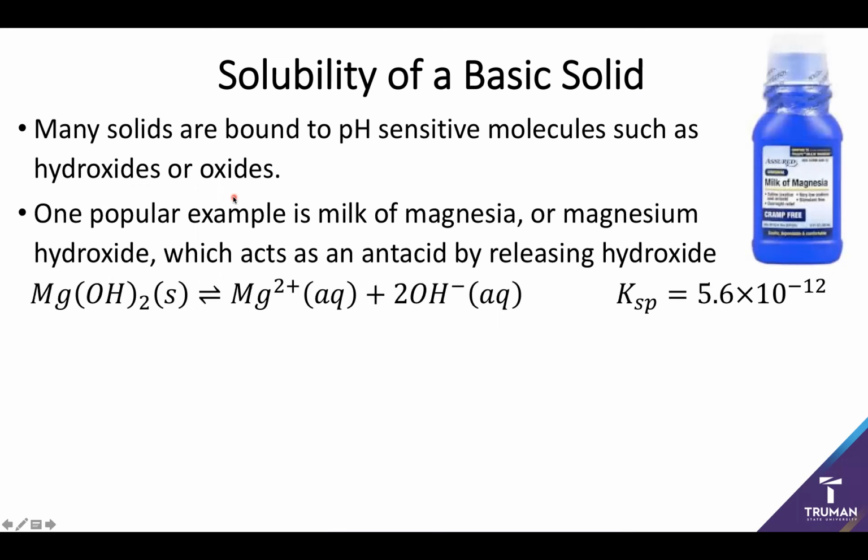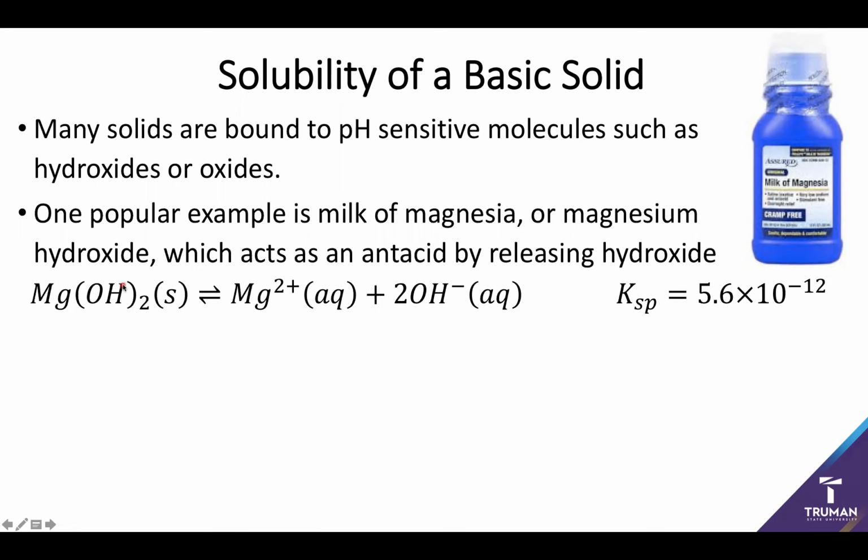So one of the great examples is magnesium hydroxide, which you may know as milk of magnesia. So it mostly acts as an antacid. And how it acts as an antacid is that milk of magnesia is magnesium hydroxide. So if you ever open up a bottle of milk of magnesia, you're going to notice that it's a white solid suspended in water.